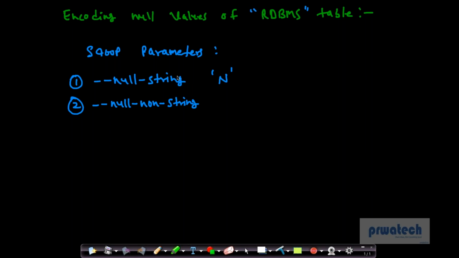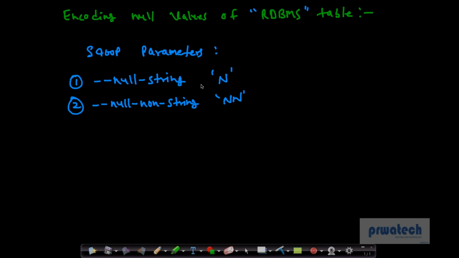Currently I'm just telling you the argument. Null non-string, and let me call it n within single quotes. This value can be anything, I'm just giving n for my understanding. If you want, you can change it to your name within single quotes. So null string, null non-string.